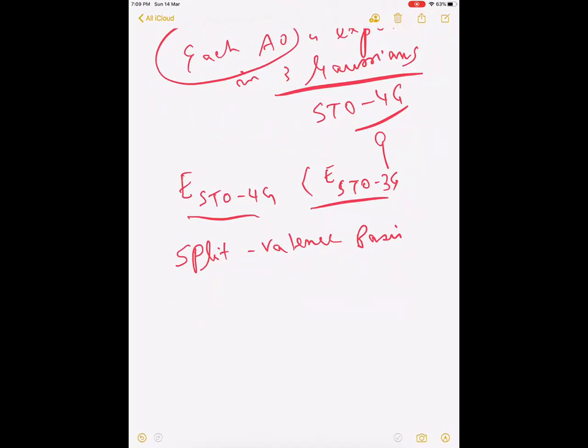So let's say DZV, I had already written. For carbon, you have 1s, 2s, 2p. Sorry, 2s prime, 2p, 2p prime. So it is split valence because I'm splitting the valence into two. One set of sp, another set of sp, which I'm calling s prime, p prime, and so on. I can have a triple zeta, so I can have a larger number of splitting.